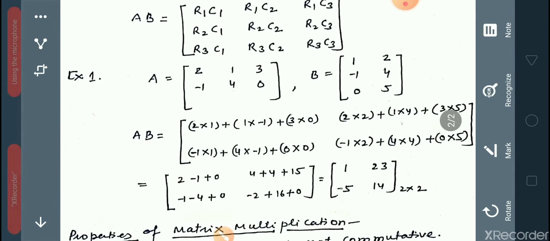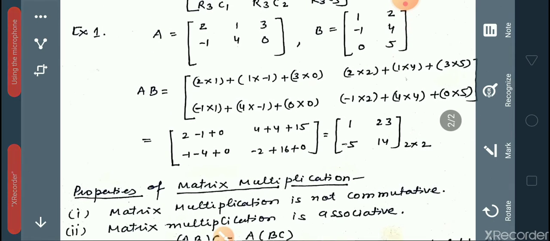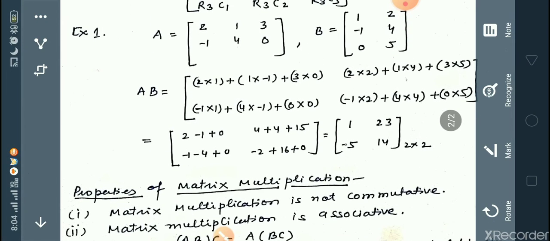Similarly, 2 1 3 and C2 of the second matrix will form the A12 element: 2 into 2, 1 into 4 and 3 into 5. Similarly we do for elements A21 and A22. In this way we got our matrix 1 minus 5 23 14 of order 2 cross 2.